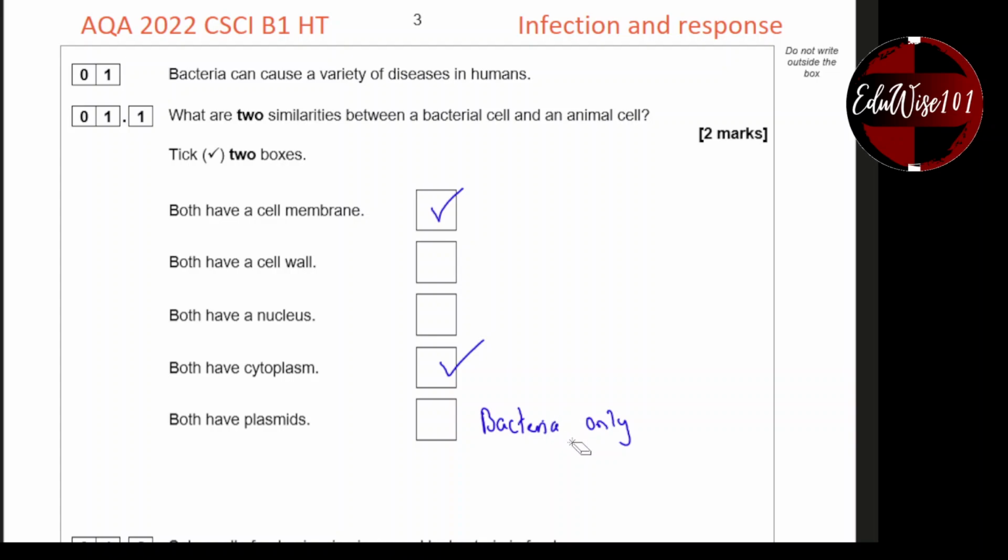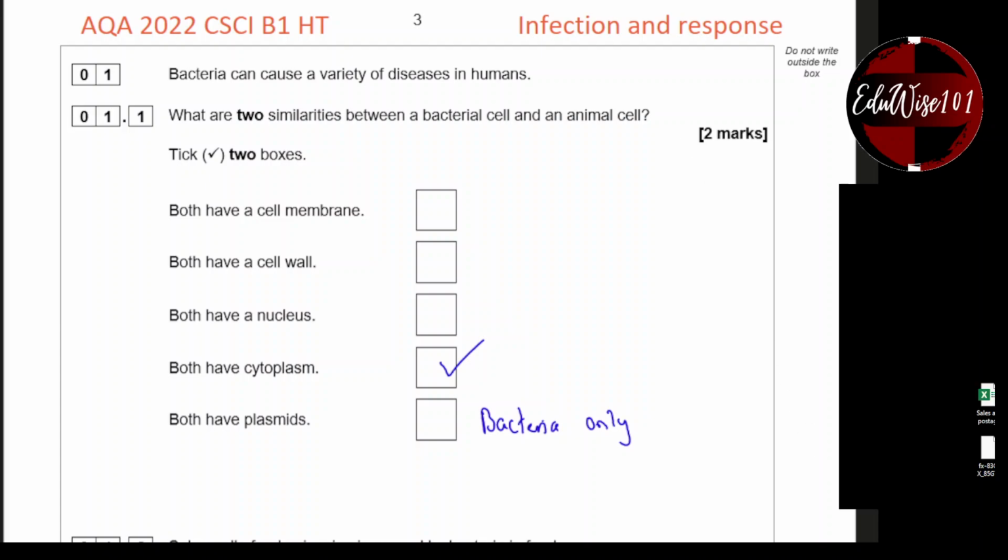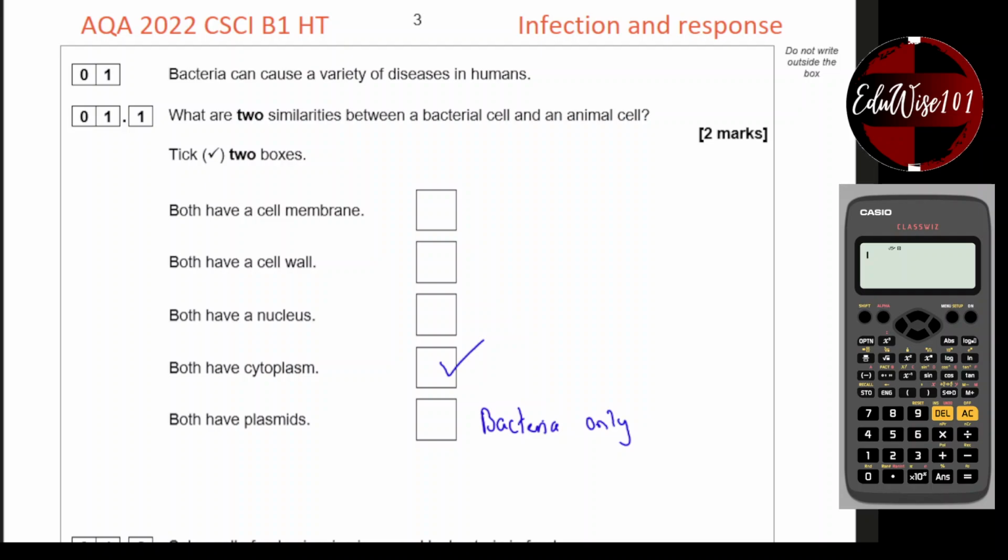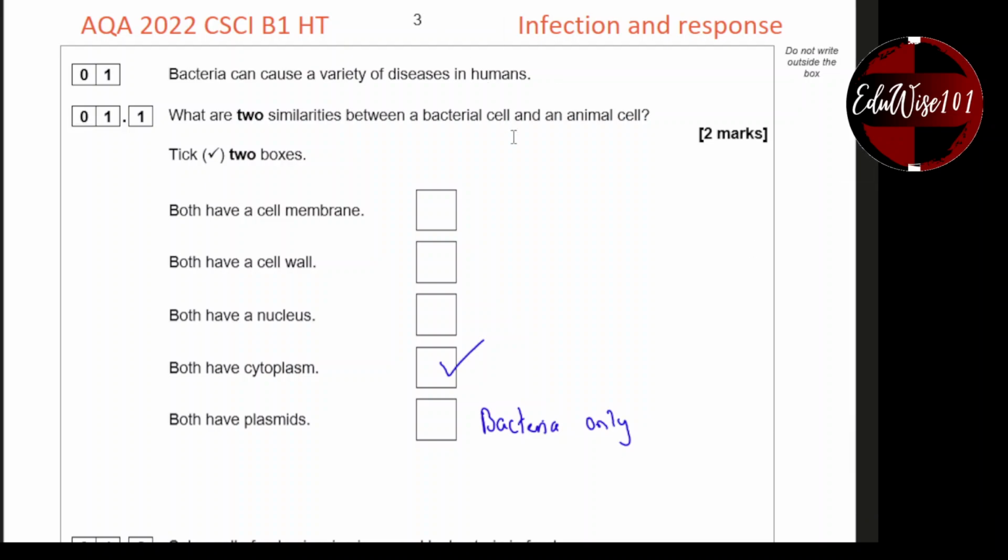Cell membrane, cell wall, bacteria only.